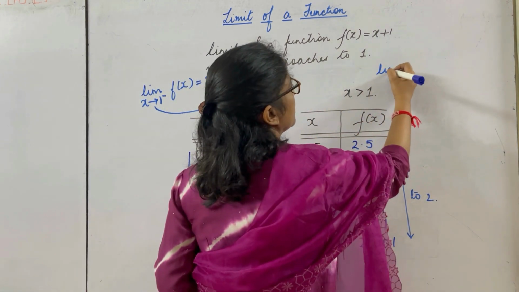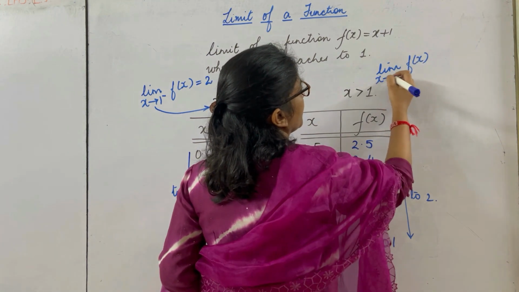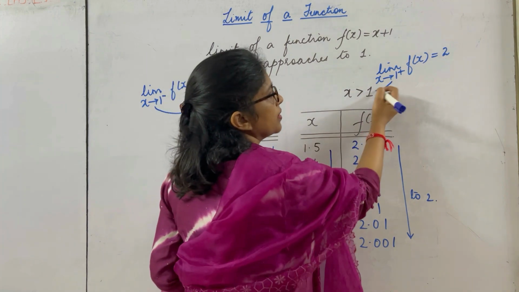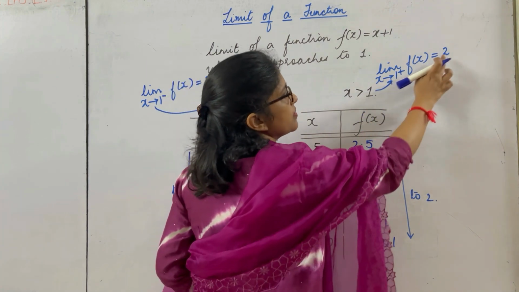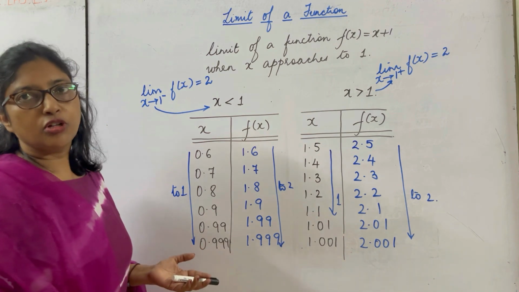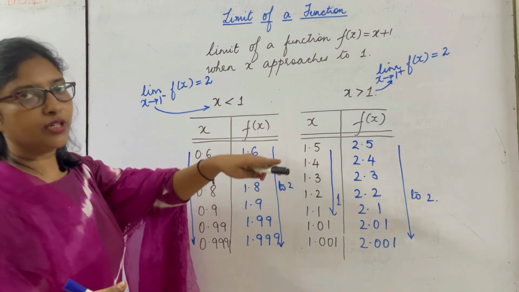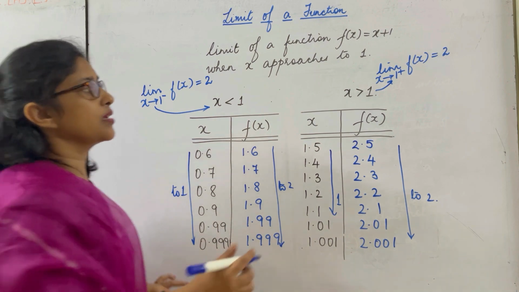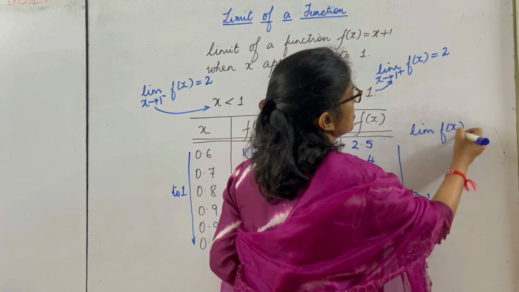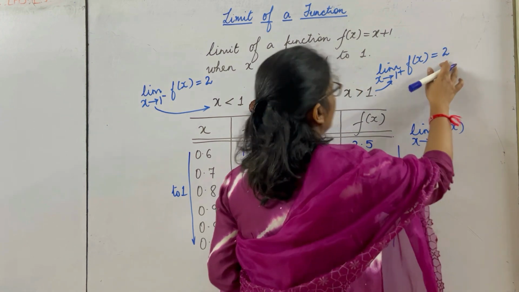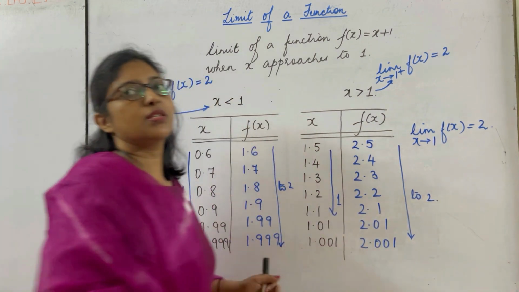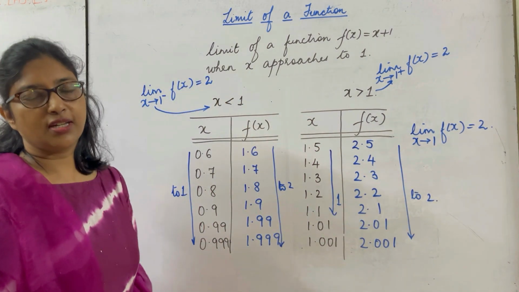Same way, when we took values bigger than 1, that is x tends to 1 plus, the f(x) value is coming to 2. Every time it will not be the same. If the value is same, we say that the limit of the function exists and it is that value. Otherwise we say the limit of the function does not exist.